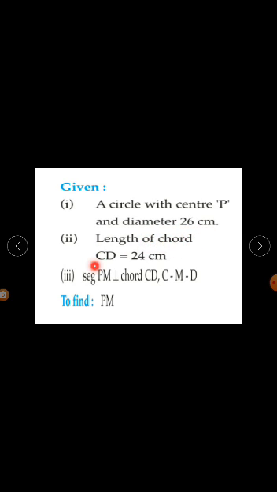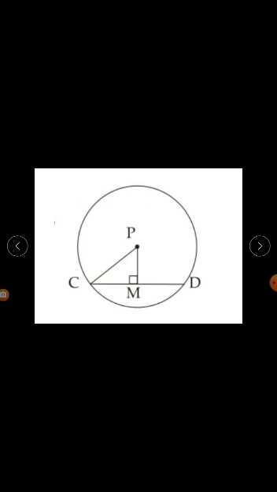Length of chord CD equal to 24 centimeter, and segment PM is perpendicular to chord CD such that C-M-D. What you have to find out? You have to find out PM.